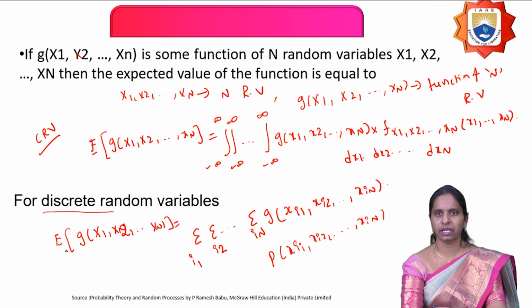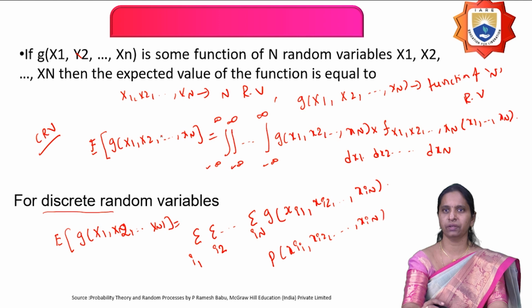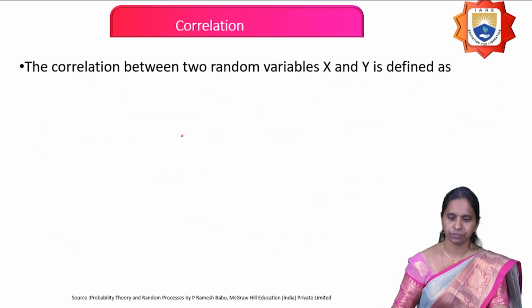Therefore, this is the expectation of a function of n discrete random variables, and this is the expectation of a function of n continuous random variables, and the others are the expressions for the expectation of a function of 2 discrete and 2 continuous random variables.